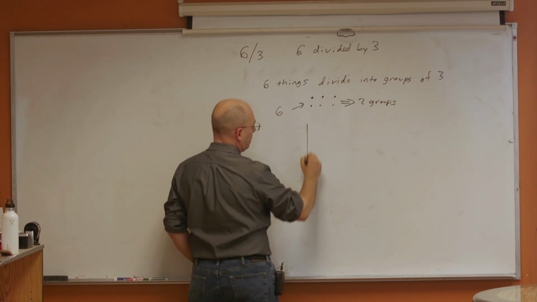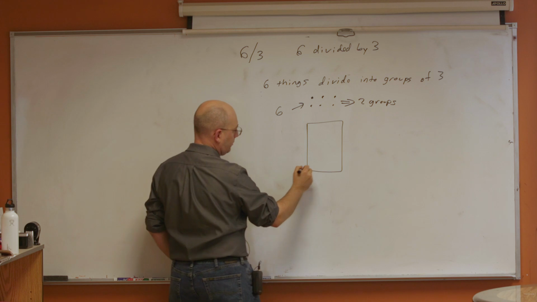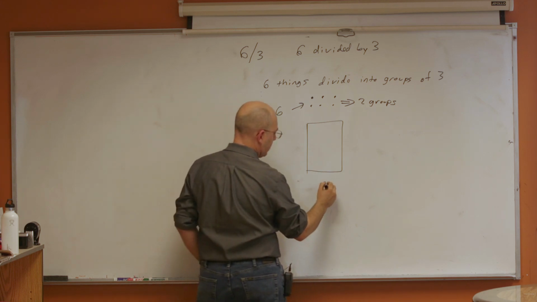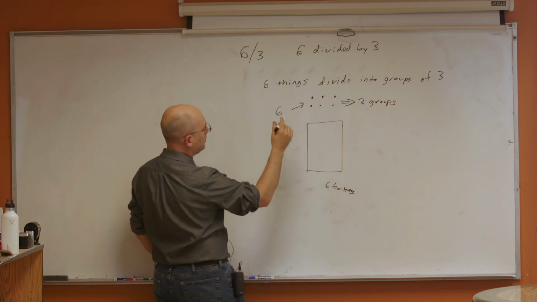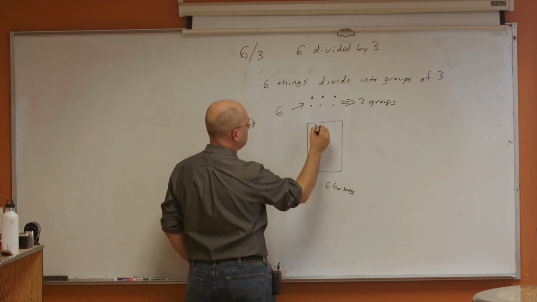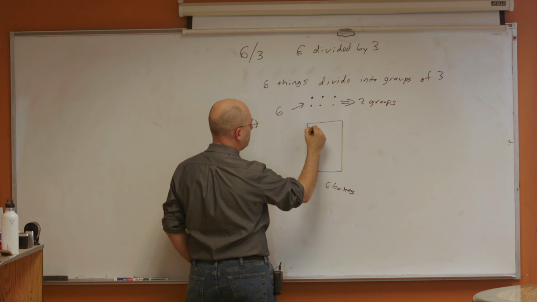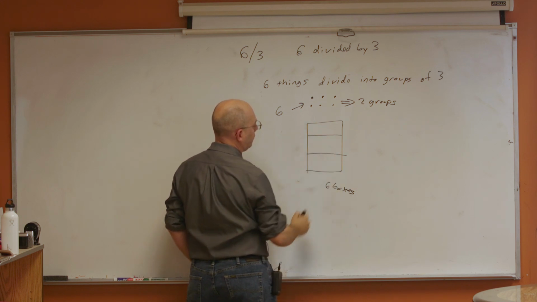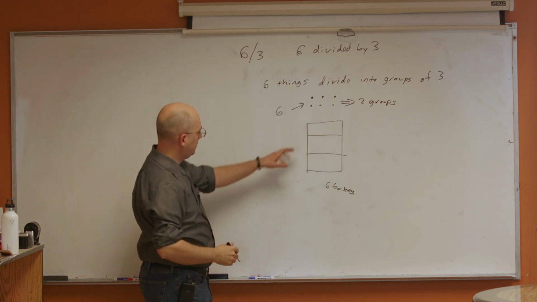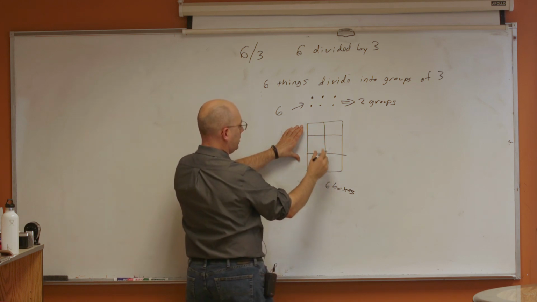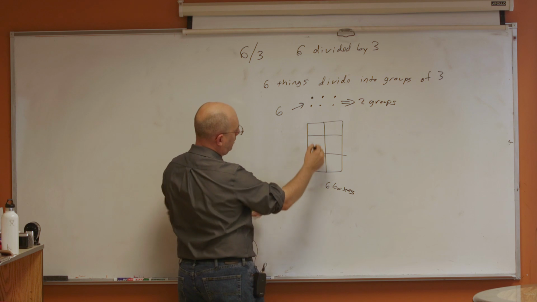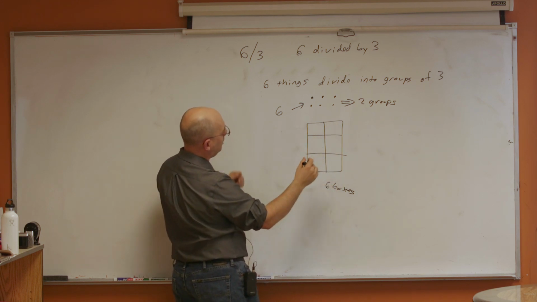Now, another way of picturing it is I want 6 boxes. And I'm going to have 3 rows. And then I just draw in a line and I count up 1, 2, 3, 4, 5, 6. I'm good.